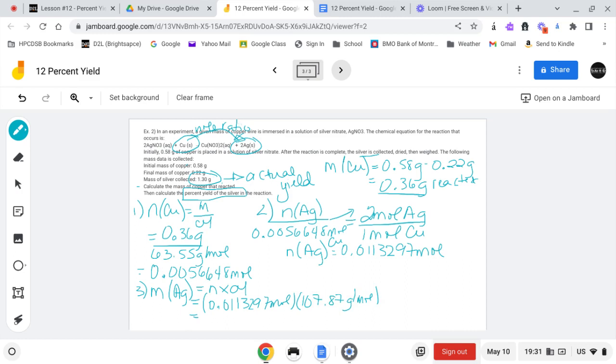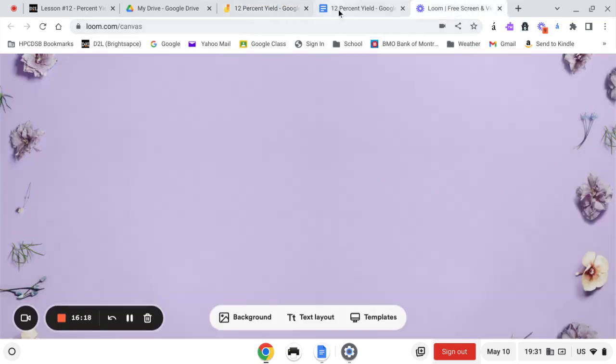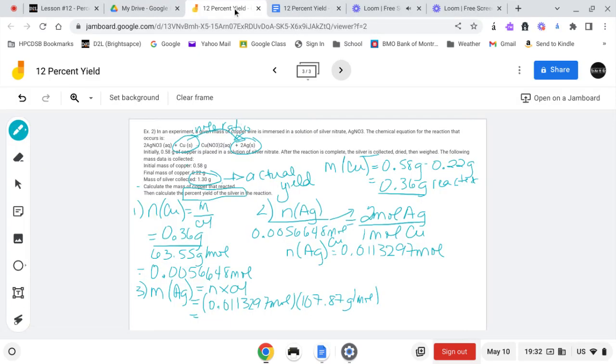So how much should I have obtained of silver in the reaction? I should have gotten 122. Just let's hang on here for a second. I'm going to double check my math.